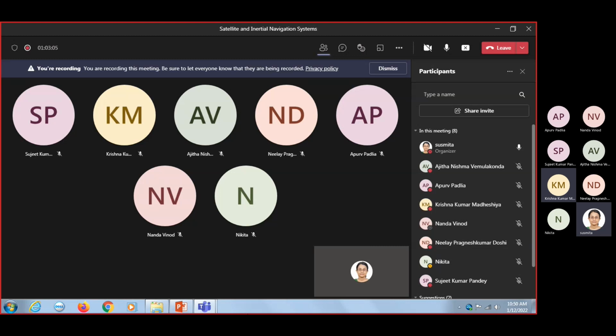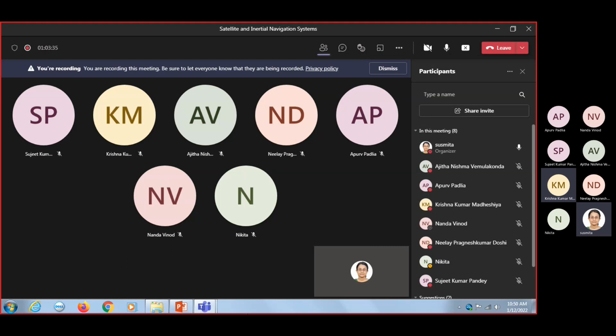Location is qualitative. You will tell your location with respect to some road or building, some landmark. So your address is your location, whereas latitude, longitude, height that you get using a navigation system like GNSS is your position. That is not location.